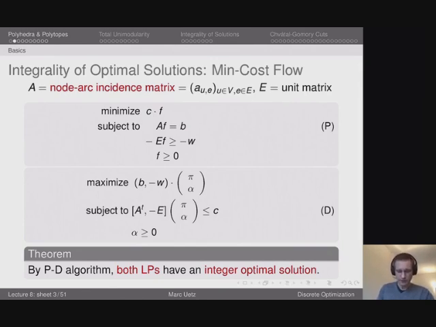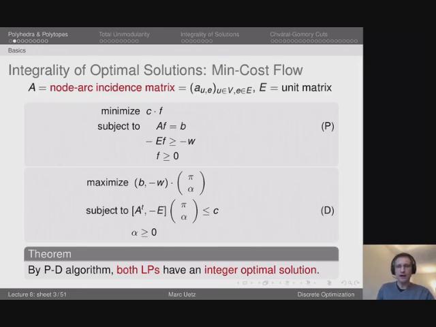Okay, so more generally speaking, we have seen a certain class of linear programs and also the dual of that linear program, which always had integer optimal solutions. And well, that is of course not a coincidence. And in particular, that is not true in general.